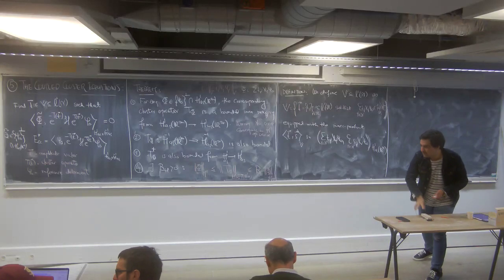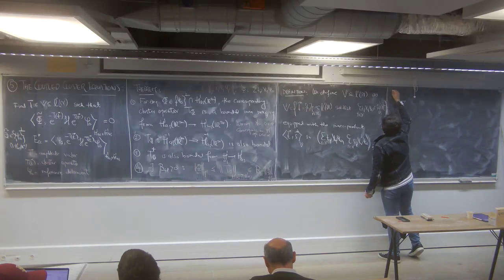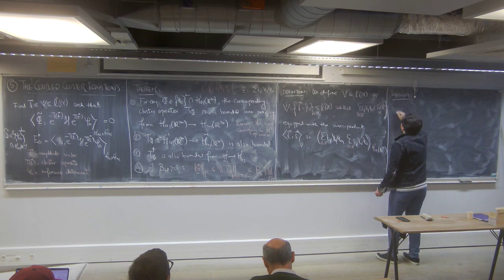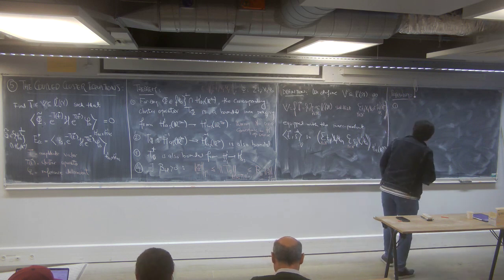Okay, so now instead of going through a bunch of other results, I will just quickly write down a proposition which gives us the last tools that we need. We'll just combine everything.